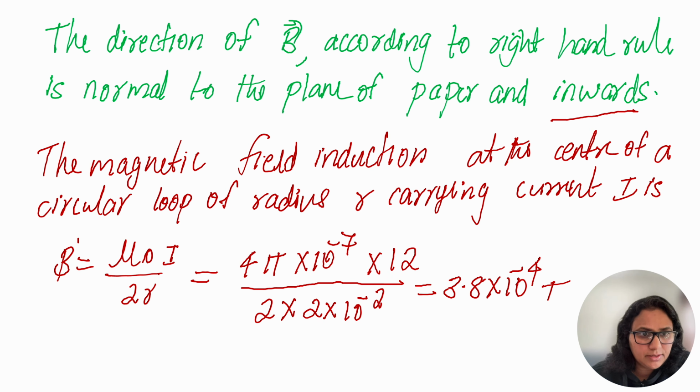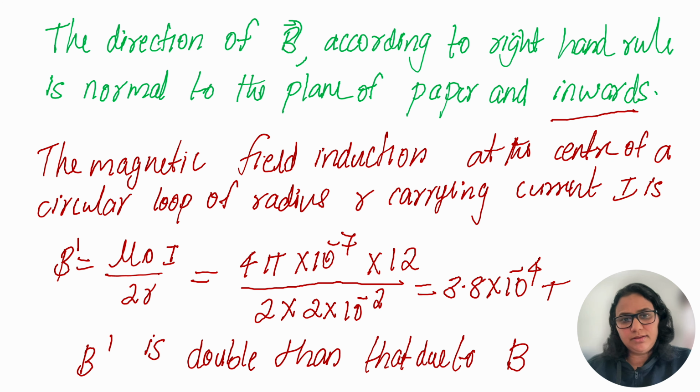So this is the magnetic field at the center of the circular loop, 3.8 into 10 power of minus 4. You can see that B dash is double the magnetic field B due to the semicircular arc.